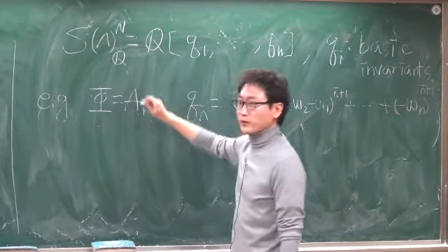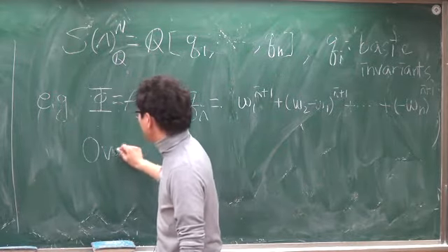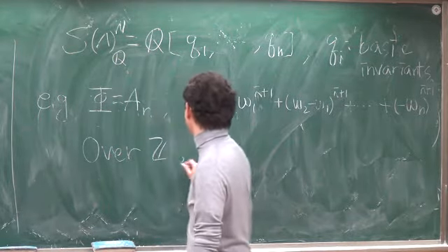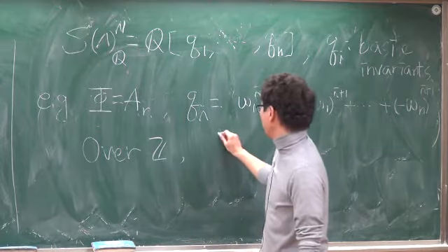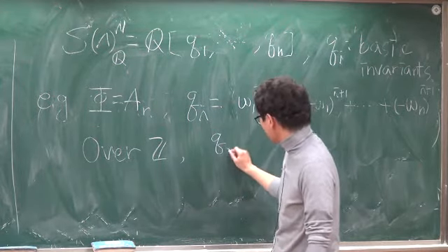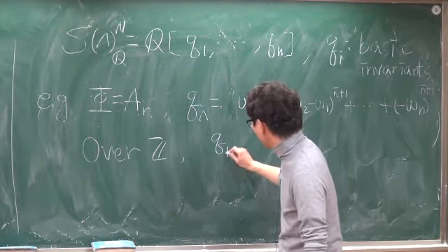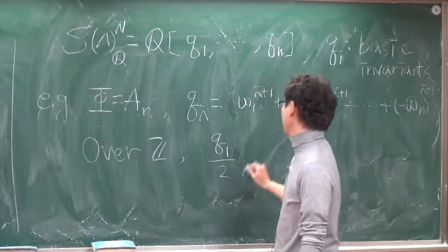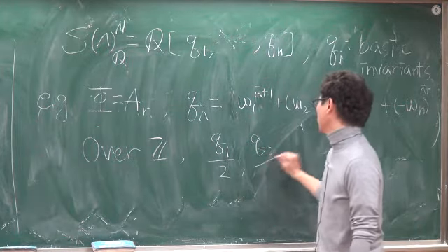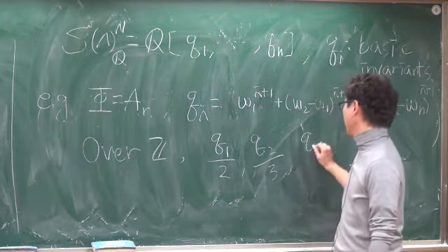So this is over Q, but over Z coefficients, one can find the generators, which are Q1 over 2 and Q2 for degree 3.